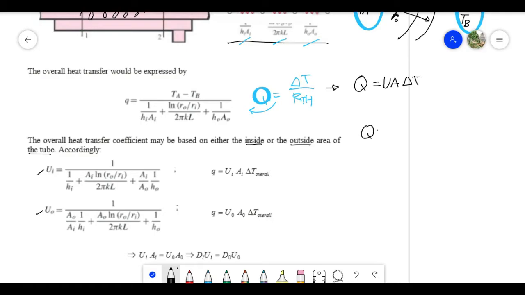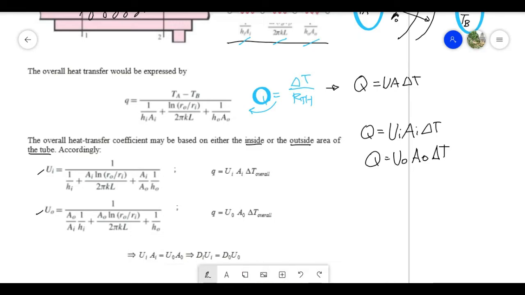Pwedeng ang Q is based on inside, kaya UI ang gagamitin natin, times area I times delta T. Pag base in outside, UO kasi outside, times area O times delta T. Yan yung magiging mga formula natin pag base siya sa tubes or cylinders.